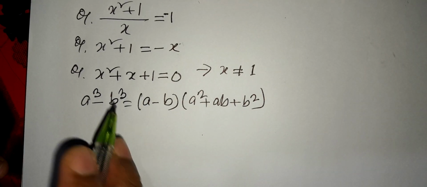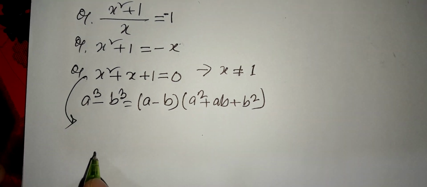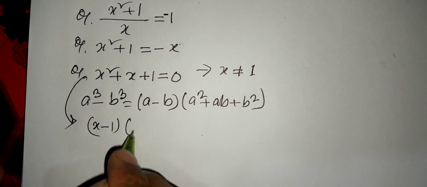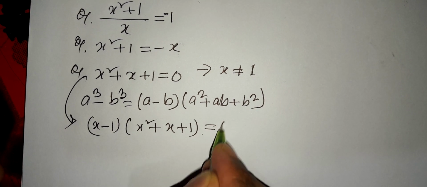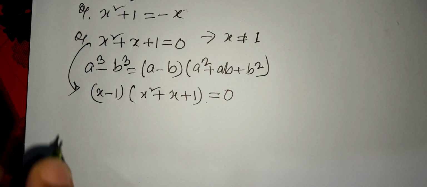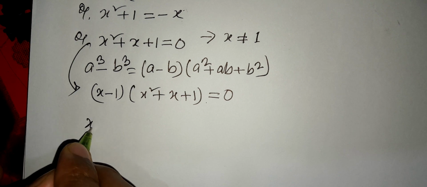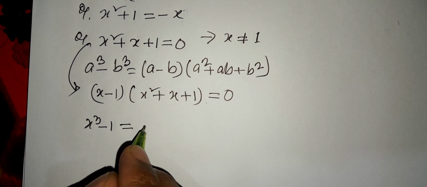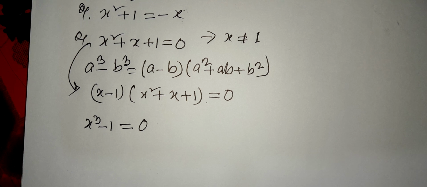Now we multiply both sides of this equation by x minus 1: x square plus x plus 1 equal to 0. Then we can write here x cube minus 1 is equal to 0.